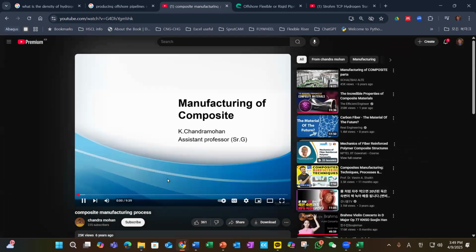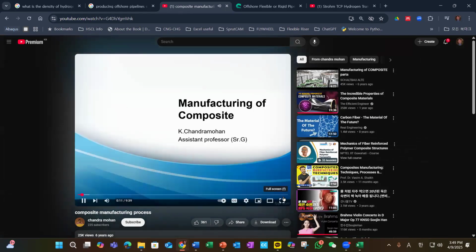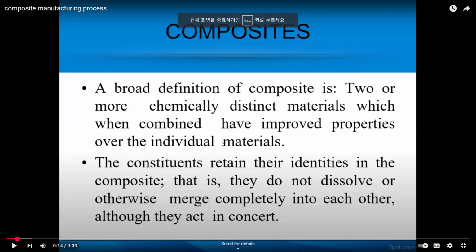While speaking of composites, there are millions of materials available for body construction. I'd like to go through this procedure quickly.